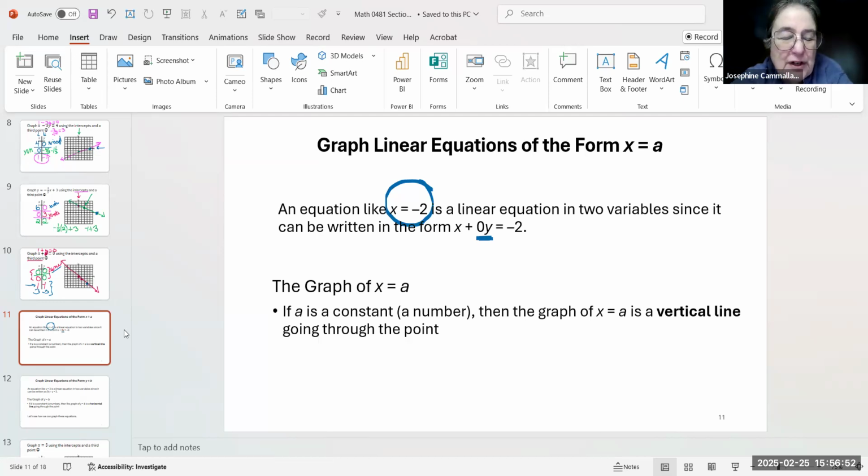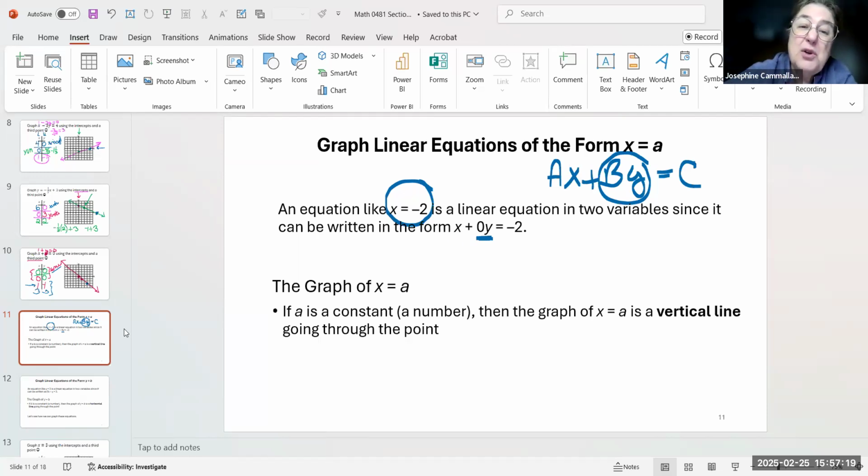That's why when we started chapter 4, we had to remember that in the form ax plus by equals c, you knew there was a 0 y there. Well, this is one that you either recognize or you memorize, or you use this equation.